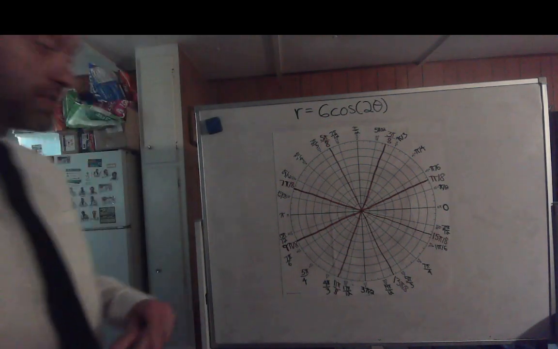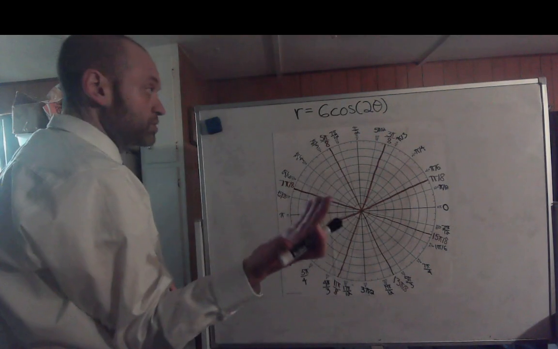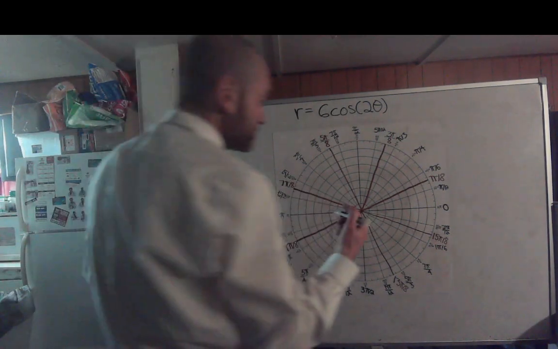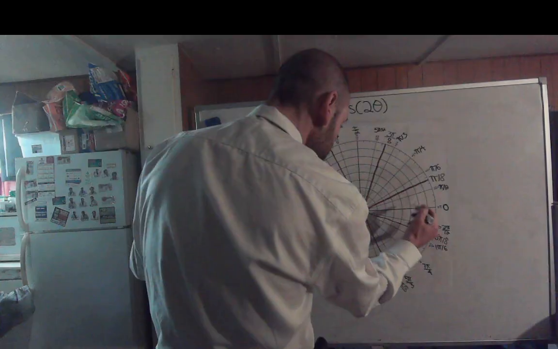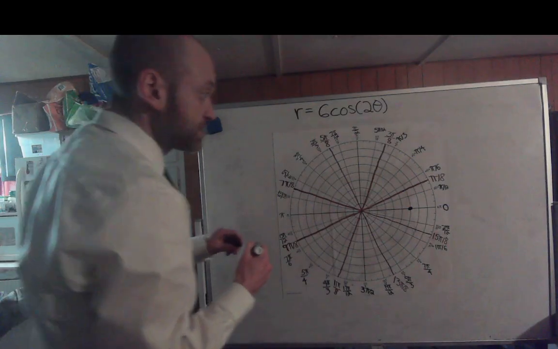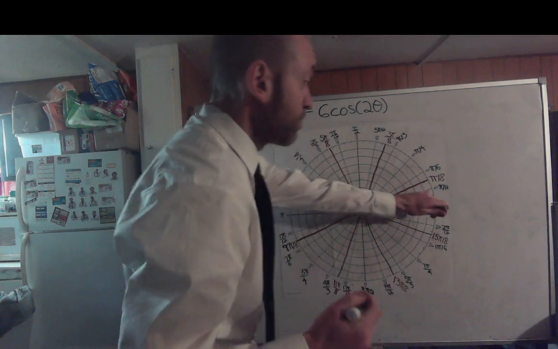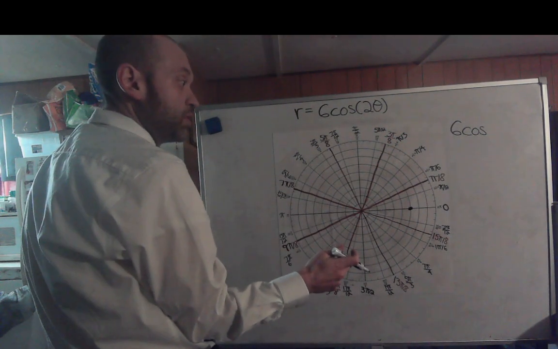Now, let's go ahead and start plotting. So let's start with 0. 2 times 0 is still 0. Cosine of 0 is 1 times 6, so 1, 2, 3, 4, 5, 6. There's my point there. Next then, our special angle, we're going to go right to pi over 12. So 6 times the cosine of 2 times pi over 12.